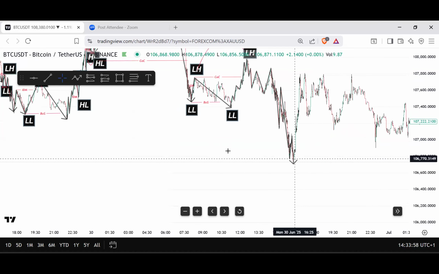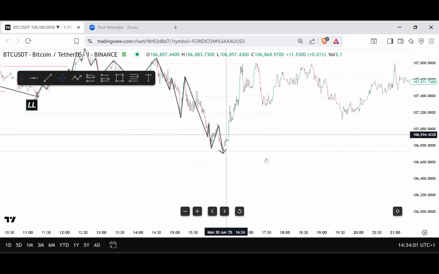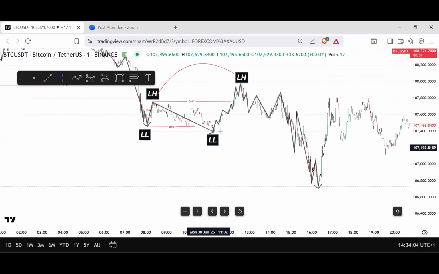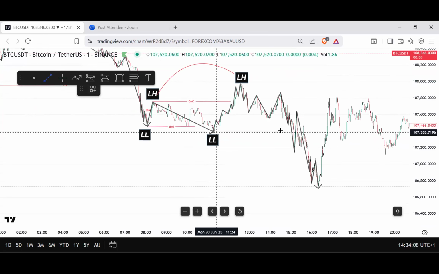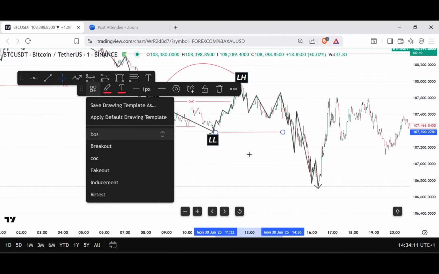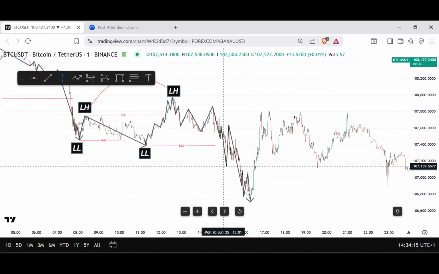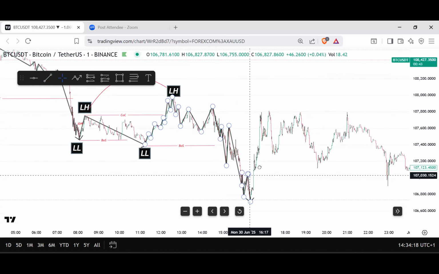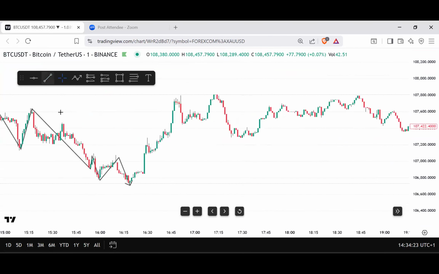Correct. So you see the break of structure will be down here. Impulse. Then inducement here.